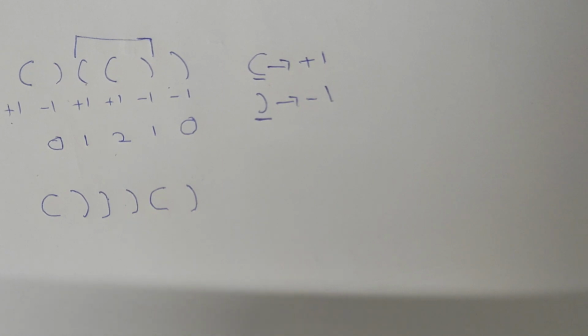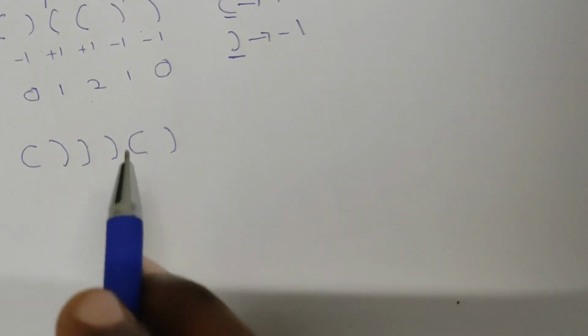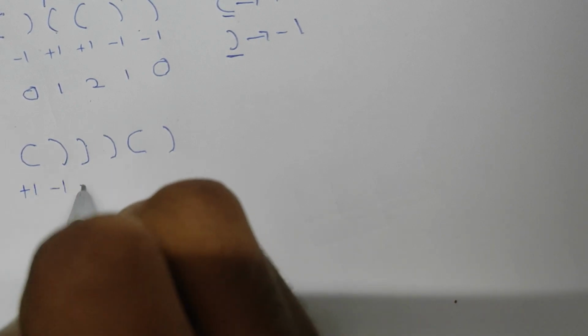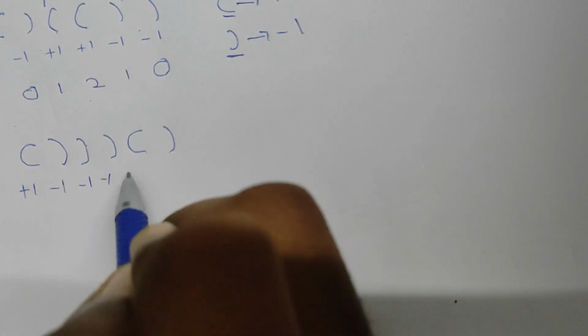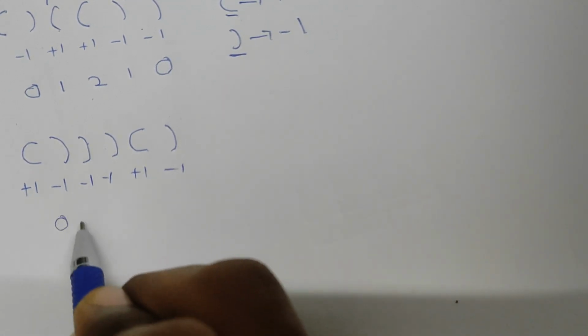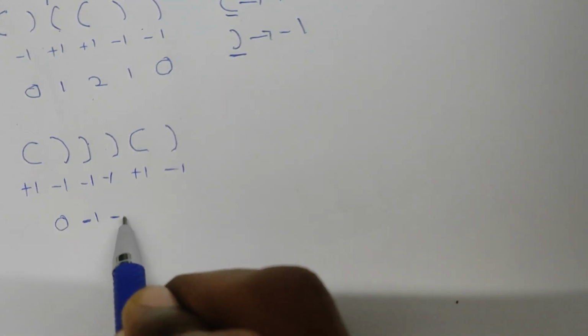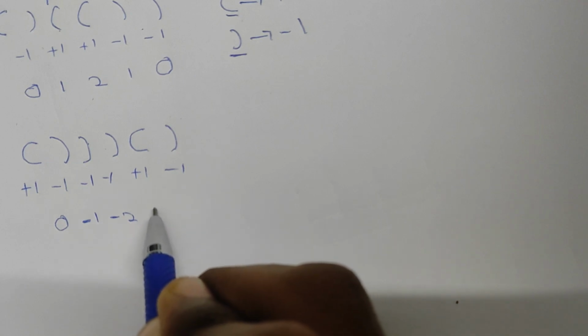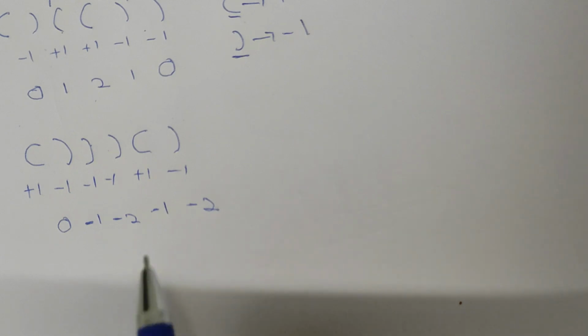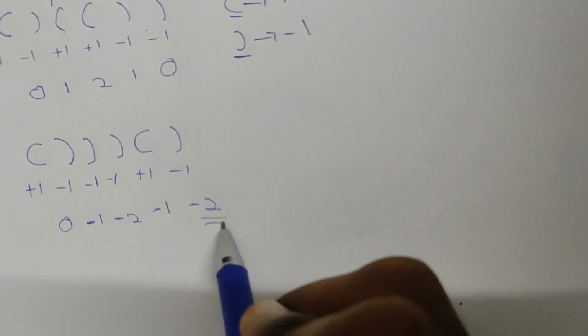Is the condition for a regular bracket sequence maintained here? Let's see. This is plus 1, this is minus 1, this is minus 1, this is minus 1, this is plus 1, this is minus 1. The sum till here is 0, then minus 1, minus 2, minus 1, minus 2. So the total sum is equal to minus 2, which is not equal to 0.